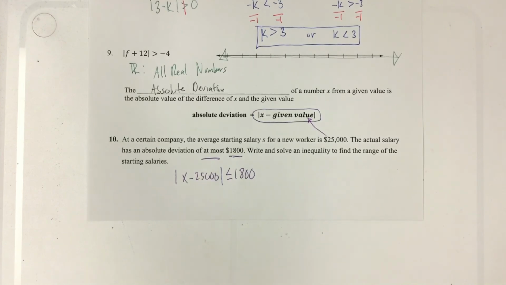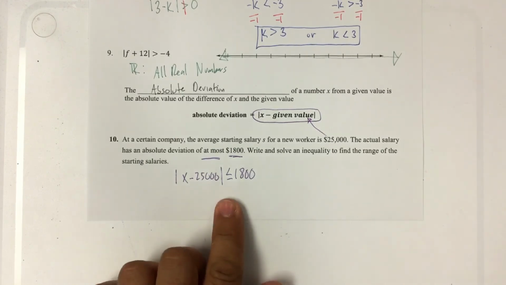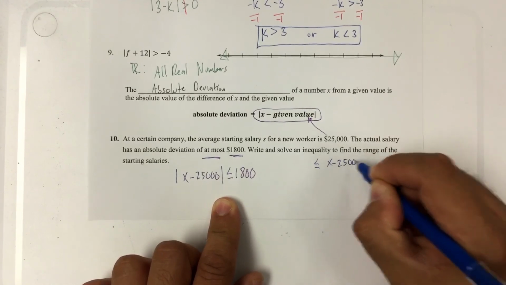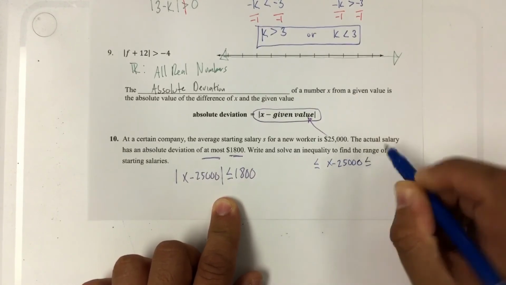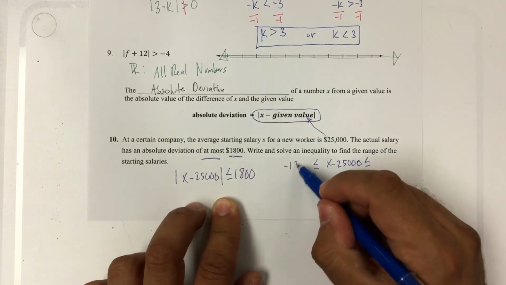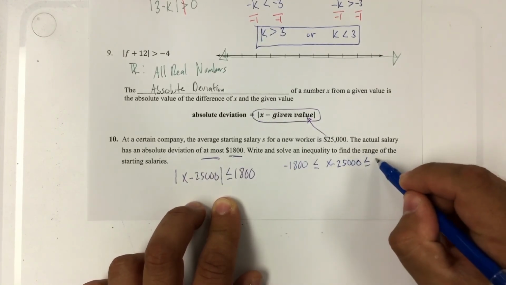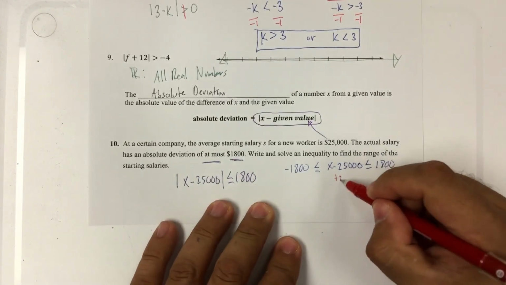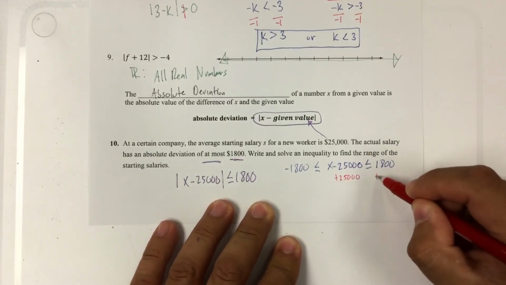Now, it says to solve it. So I'm asking you, is it a split or between? It's a between, right? So we're going to have a less than or equal to expression in the middle. What goes on the left side? On the right side? All right, I'm going to add 25,000 to all three.